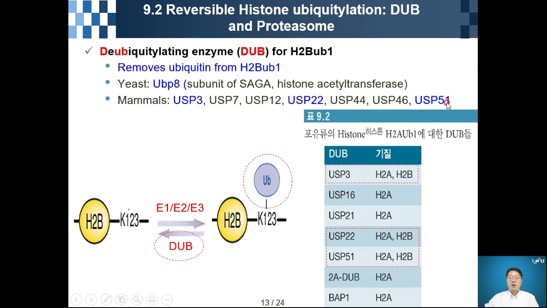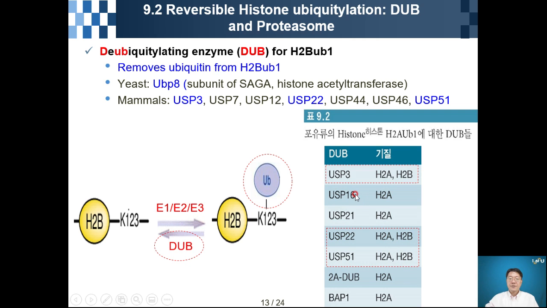Table 9.2 summarizes the DUB enzymes. For example, the substrates for USP3 are H2A and H2B, the substrates for USP22 are H2A and H2B, and the substrates for USP51 are also H2A and H2B.